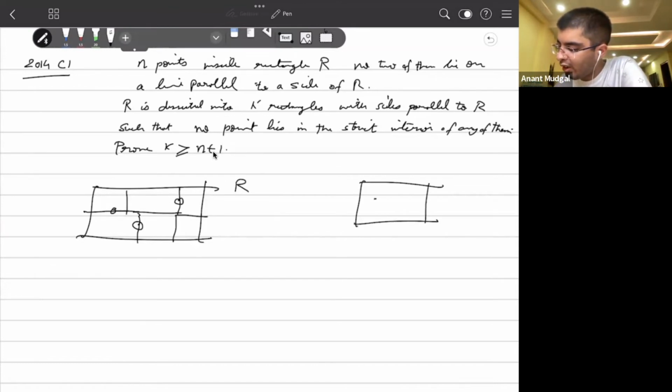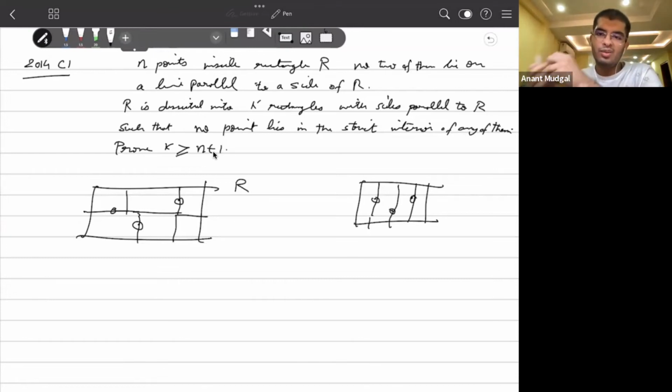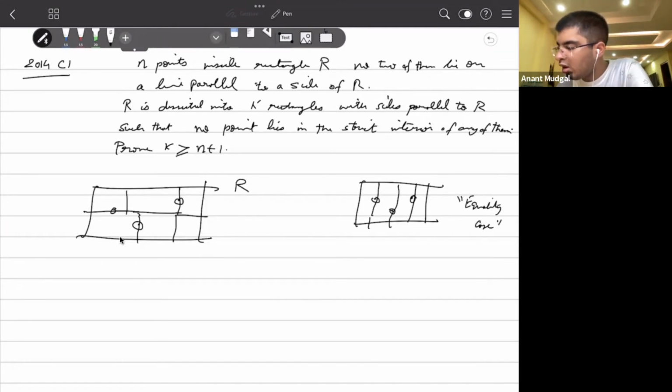So what's the optimal obvious thing which you can do, if you have, say, 3 points. This is the equality case, right? This is just the obvious equality case, where there's just 4 rectangles straight up, no complicated things. There might be more contrived equality cases sometimes.